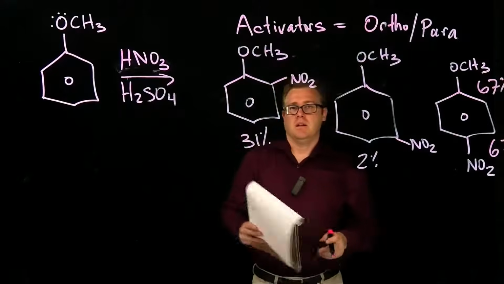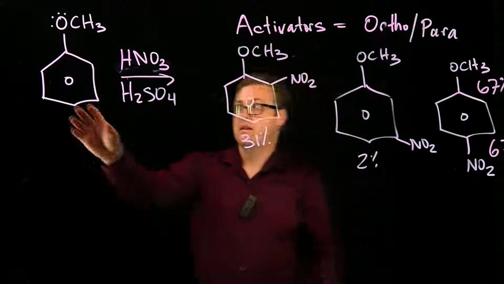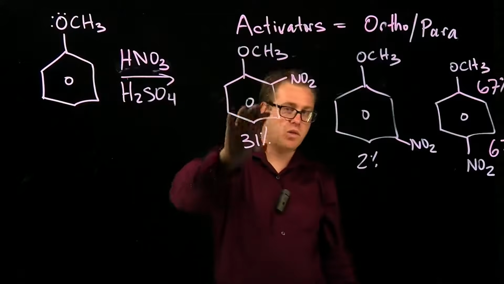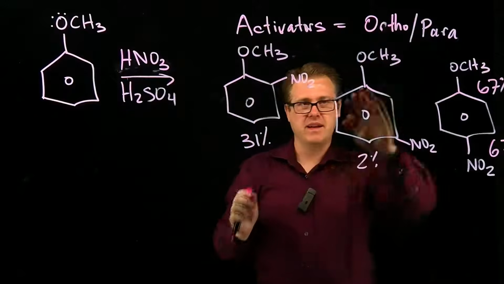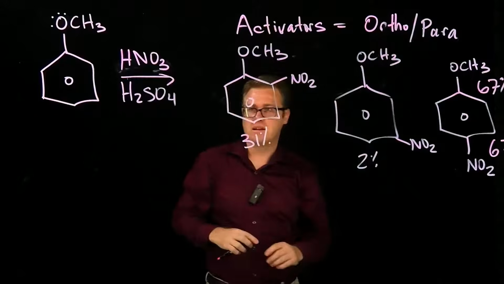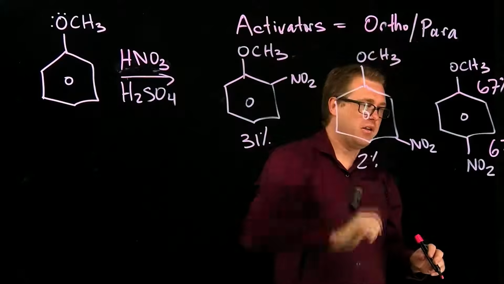So you can see that the methoxy group is ortho and para directing. Only 2% of the meta. We kind of ignore that. So that's what activators do, ortho para directing.